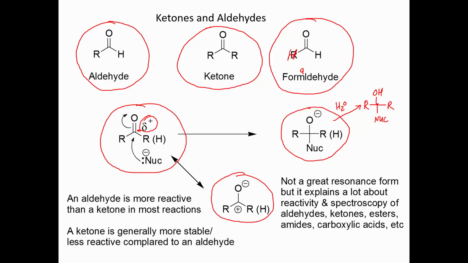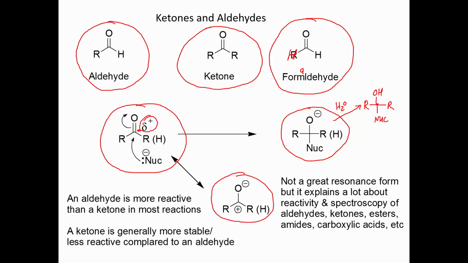If you remember the rules of resonance, this is not really a good thing to do. But even though it's not a great resonance structure, it's very important to remember. It explains a lot about the chemistry. For example, if R groups stabilize positive charges, we actually stabilize the carbonyl group. We tend to make it less reactive.